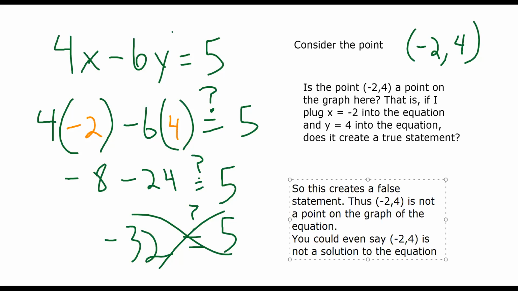It's only a solution if you can plug in the specific values for your variables and get a true statement out of it. That's entirely what it means to be the solution to an equation. Graphing then, I'll reiterate, graphing an equation is nothing more than drawing the picture of all the possible solutions to the equation, all on one big graph. That's all it is.